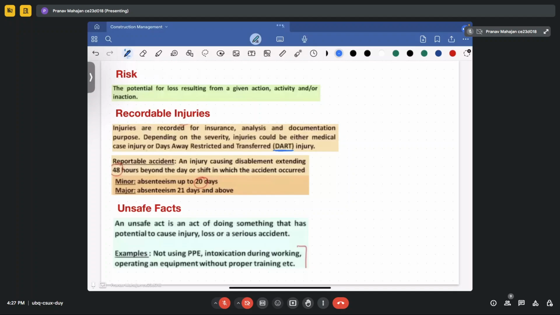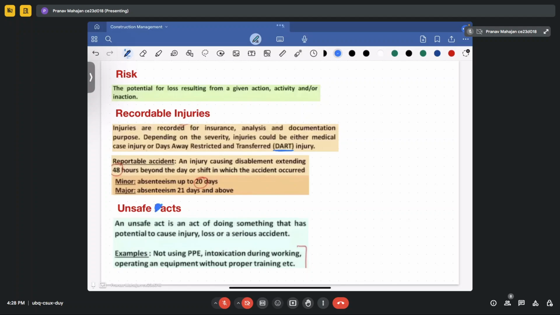Okay. Now, unsafe acts, not facts, it is acts. An unsafe act is an act of doing something that has the potential to cause injury, loss, or a serious accident. How do you define them? First, you are working in a chemical industry and you got toxic effects due to working at the site.